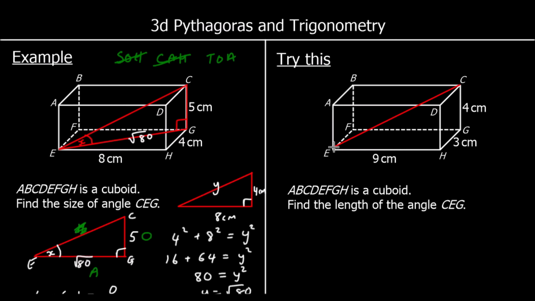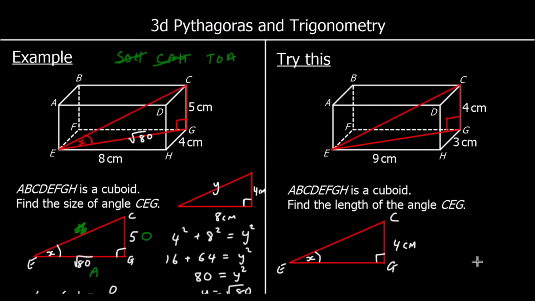So from C to E to G. So we've got a right angle triangle, CEG, we know C to G is 4 centimeters. We want to find the angle CEG. We don't have any other information yet, so we need to work out this length EG.